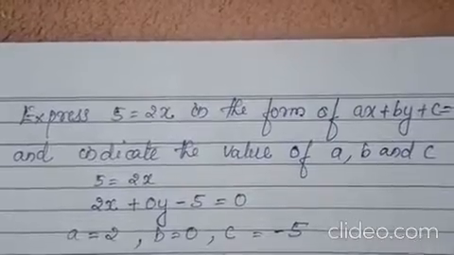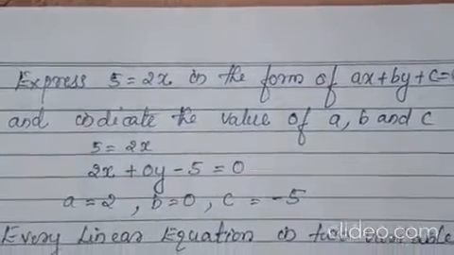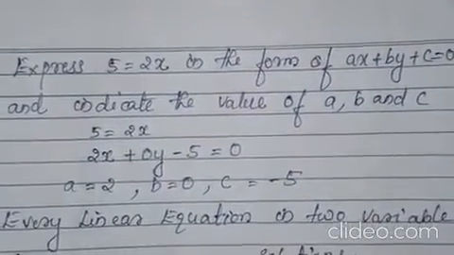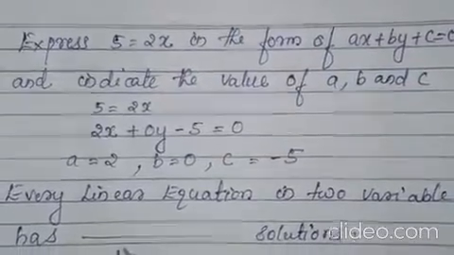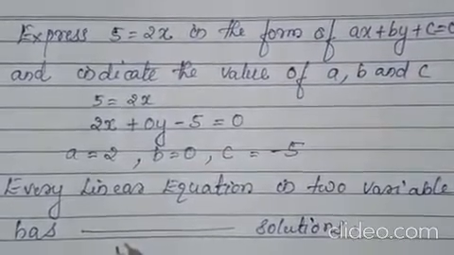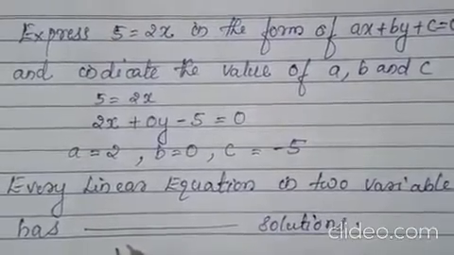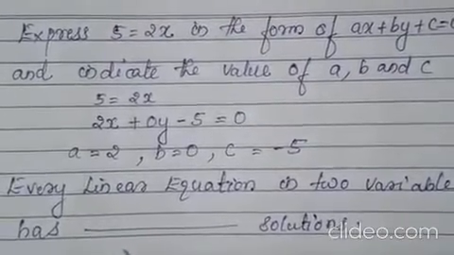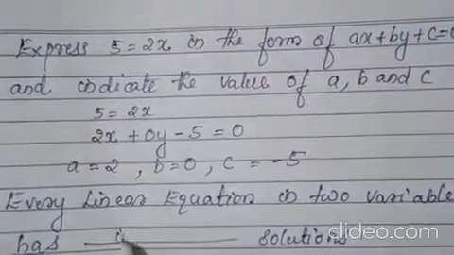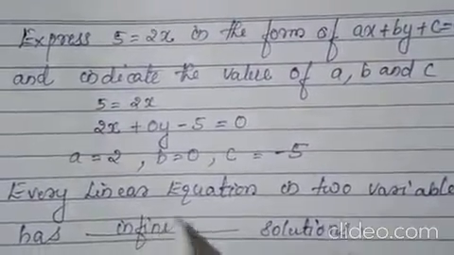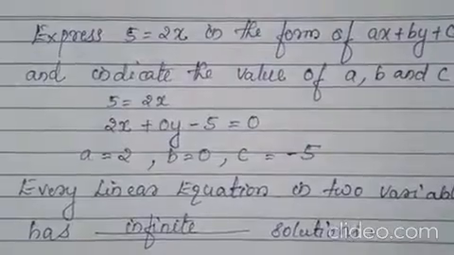Understood? Next question, the fourth one: every linear equation in two variables has dash solution. If we put the equation, we will find infinite solutions. The answer is infinite.